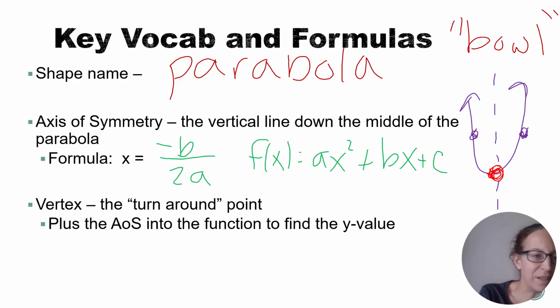And I'm glad I gave you guys the disclaimer. That should be the word plug. Plug the axis of symmetry into the function to find the y value. So the axis of symmetry formula is going to give you an x value, and then you can plug the x value into the function and get the y value, and that will get you the coordinates there. We're going to practice that in a little bit.